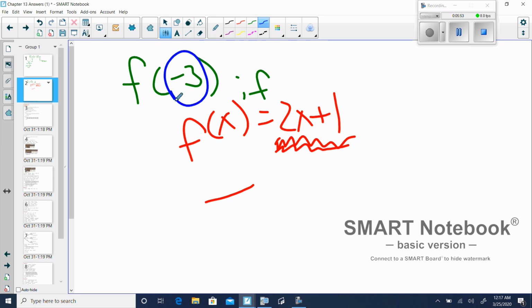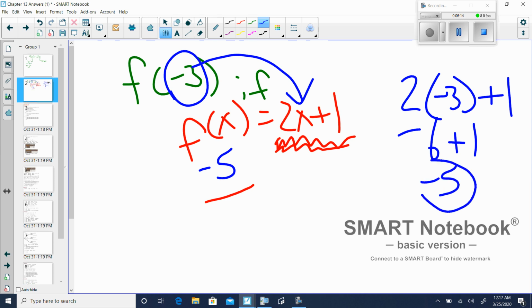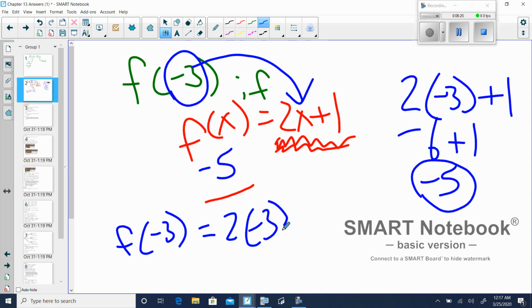They tell us they want f of negative 3, so we do substitution. Where we had x, we substitute negative 3. 2 times negative 3 is negative 6. Negative 6 plus 1 is negative 5. So if f of x is 2x plus 1, f of negative 3 is equal to negative 5.